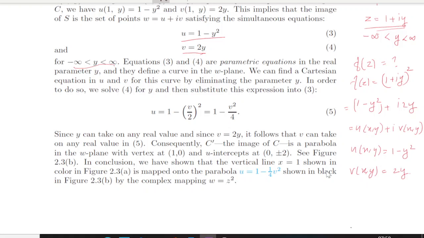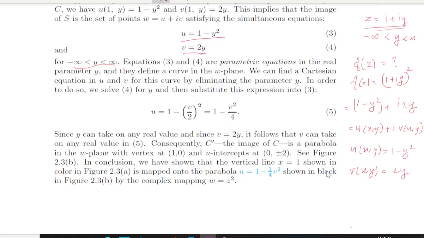Equations 3 and 4 are the parametric equations in the real parameter y, because both depend on y, and they define a curve in the w plane. Now we want to find which curve it represents.